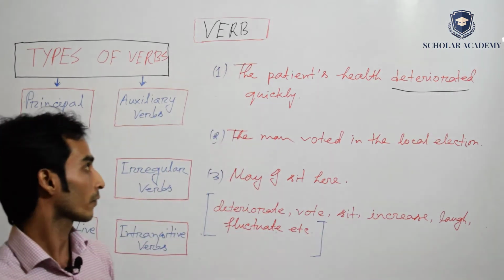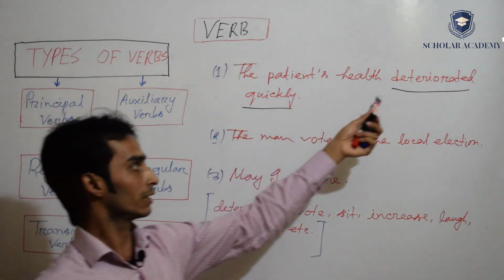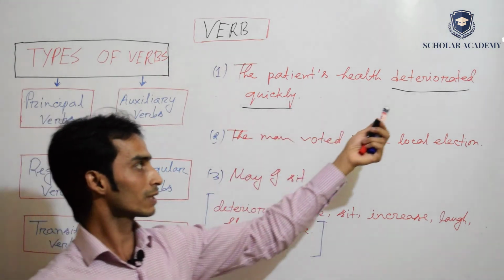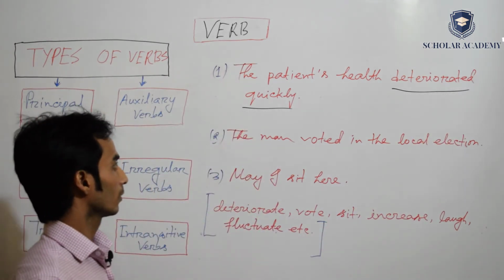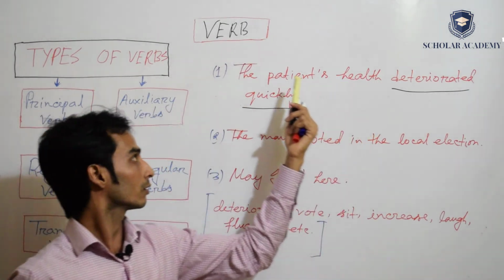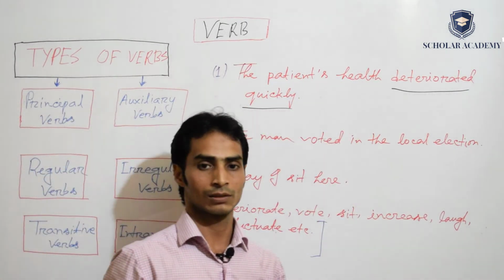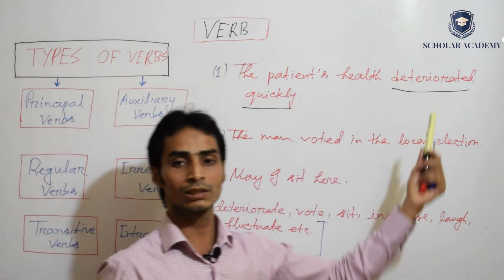Here deteriorated is the main verb. No, it's wrong. Quickly is an adverb in the sentence. The word quickly gives additional information about the verb deteriorated. So if you ask the patient's health deteriorated what, or the patient's health deteriorated who?